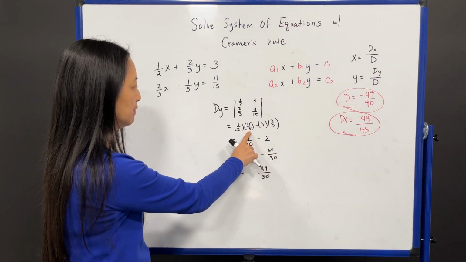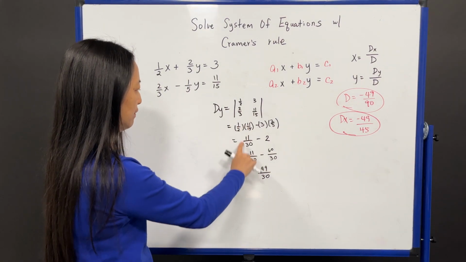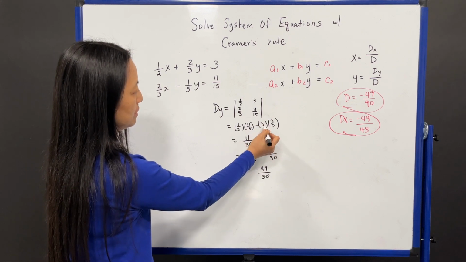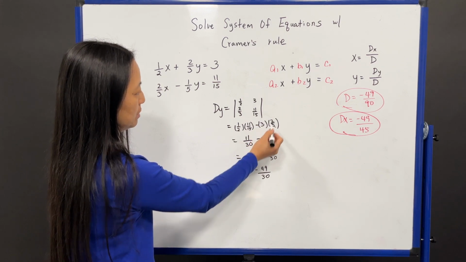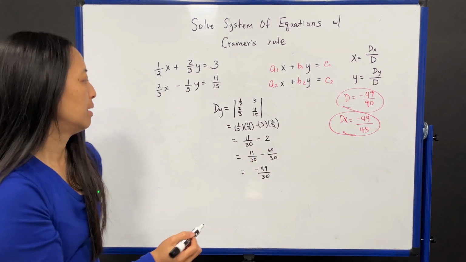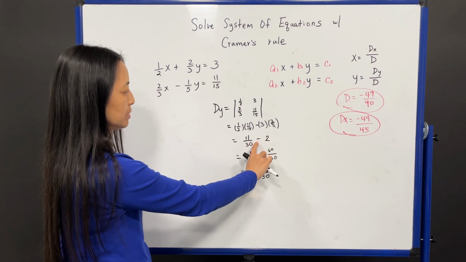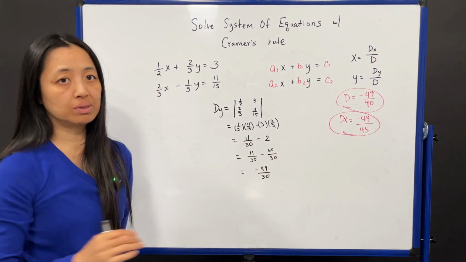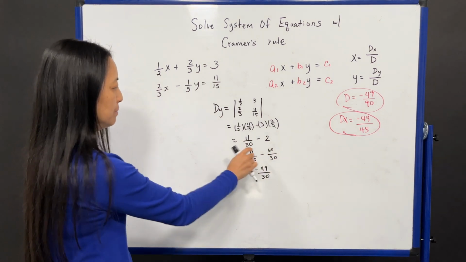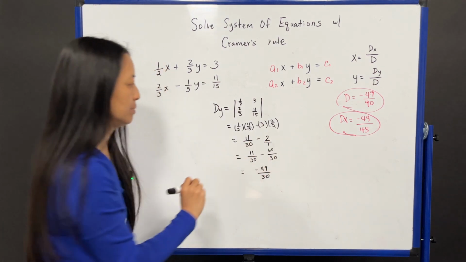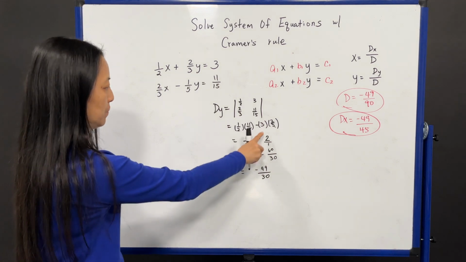One half times 11 over 15 is equal to 11 over 30. And here we can cancel the 3, because this is in the numerator and this is in the denominator. So we have minus 2. Since we're subtracting, we need to find the lowest common denominator, and that's 30. And just remember, when we have a 2, there's a 1 underneath. 2 divided by 1 is 2.